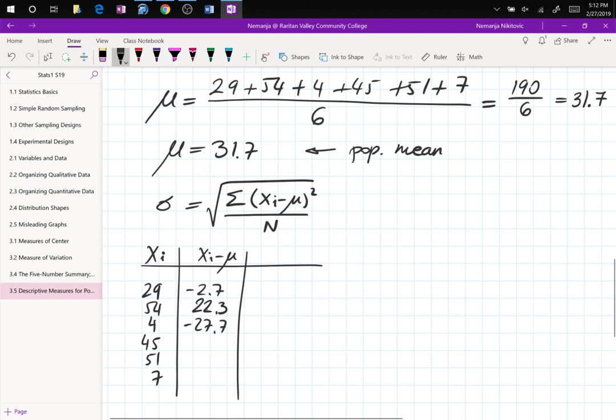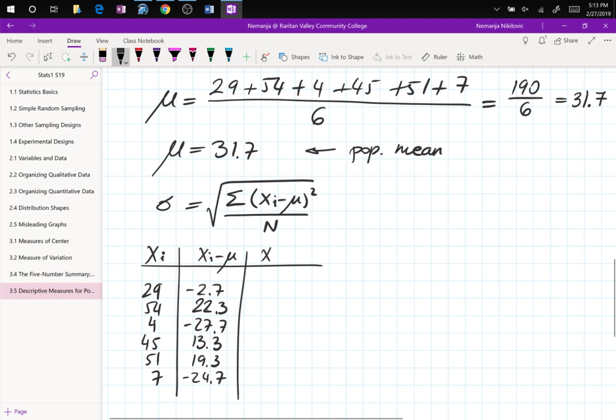So what's that? 45 minus 31 is 14, so 13.3, right? 51, 54, so minus 3, that's 19.3. And then 7 should be just 3 more, so negative 24.7. Are we all good on these? Yeah.